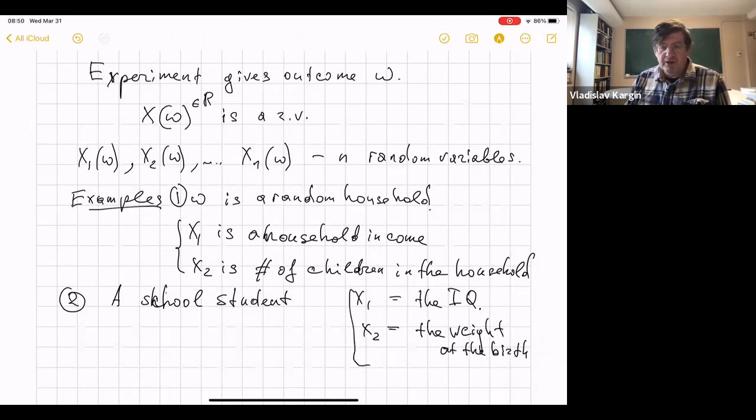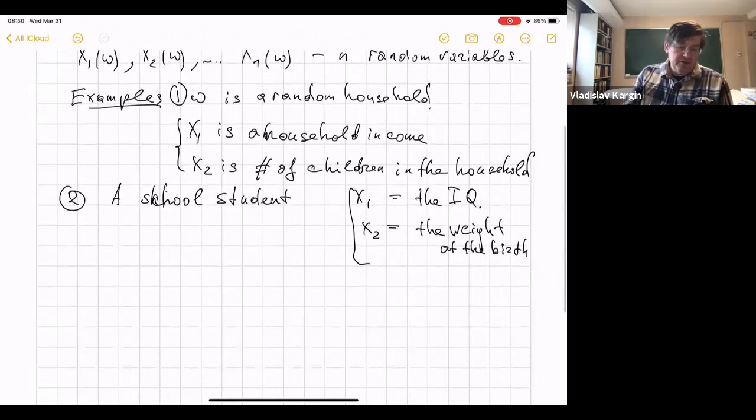Then again, the idea would be to see whether there is some relationship. You can gain more insight into the situation if you look at both of these random variables, rather than just looking at one of them.